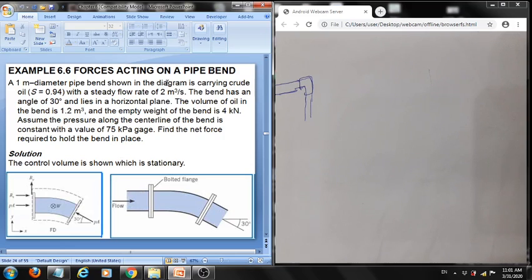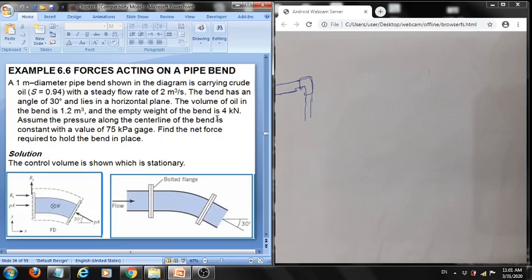اوكي، بقول لك diameter is 1 meter. The flow rate is 2 cubic meter per second. بعدين it has this angle of turning the fluid اللي هي from the horizon. The volume of oil in the bend، يعني هذا البند because we have a large diameter, it also has a large volume itself اللي هو عبارة عن 1.2 cubic meter.